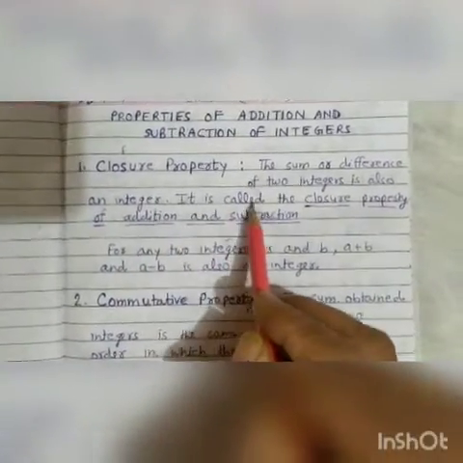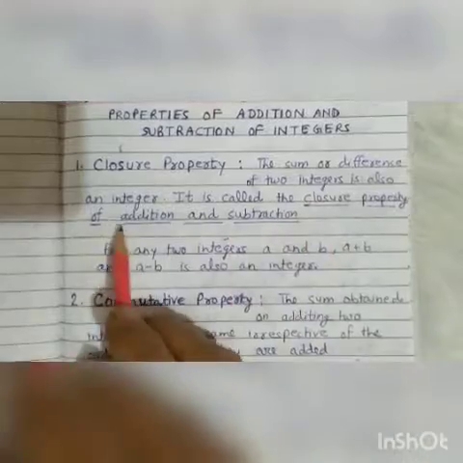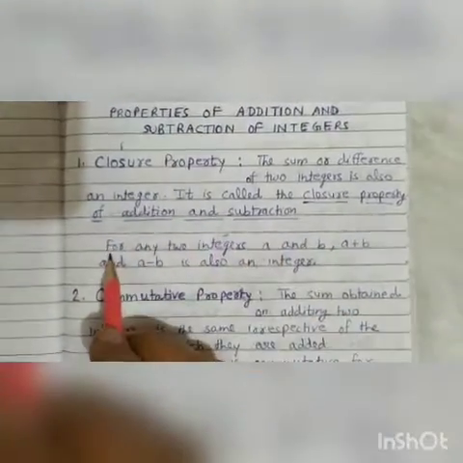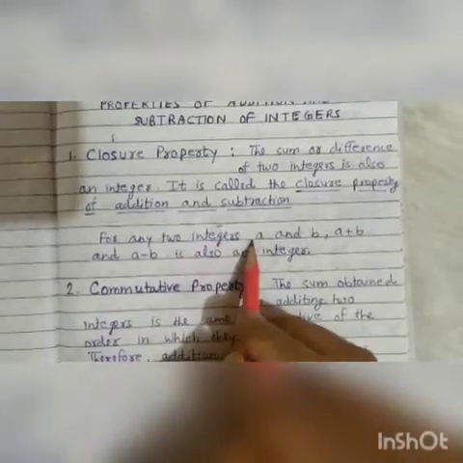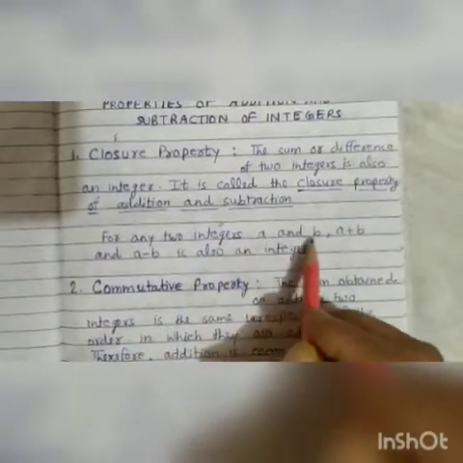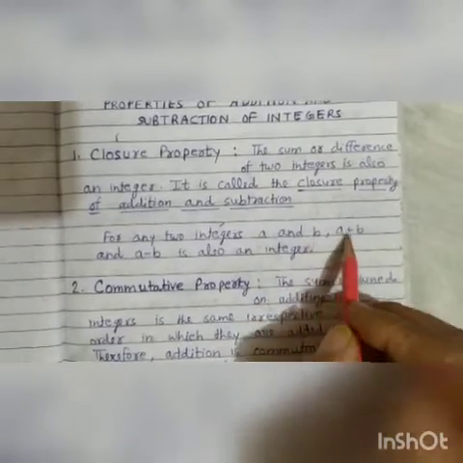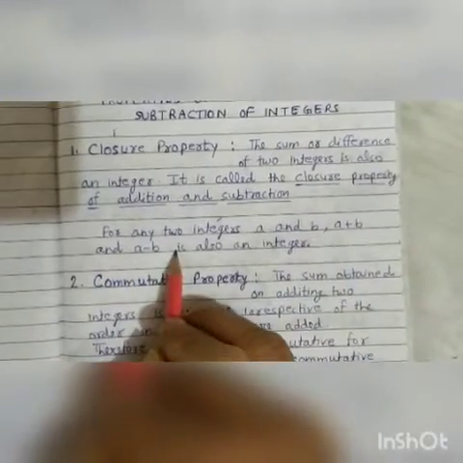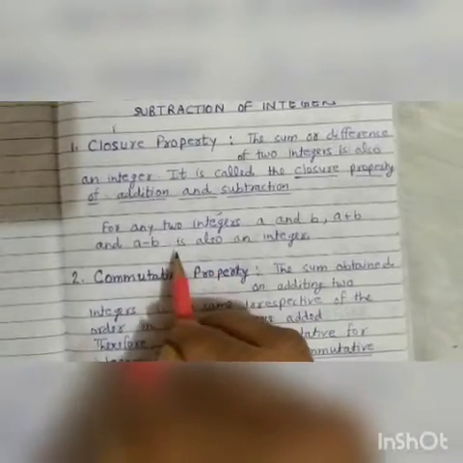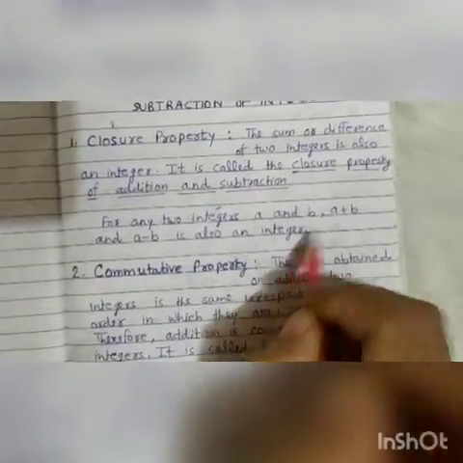It is called the closure property of addition and subtraction. For any two integers a and b, a plus b and a minus b, in both the cases, the sum and difference is also an integer.